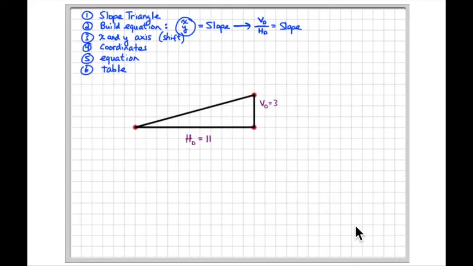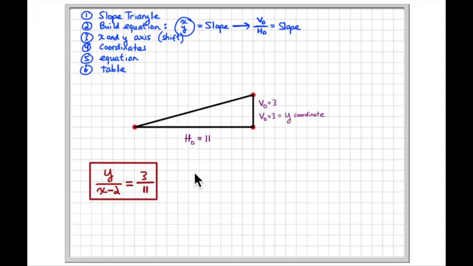So how do you come up with that equation? So this is the slope triangle, and that equation tells you that the number of units in the vertical direction is 3 units compared to 11 units in the horizontal direction. So they're telling you that the number of units along the y-axis is 3/11ths of the number of units along the x-axis.